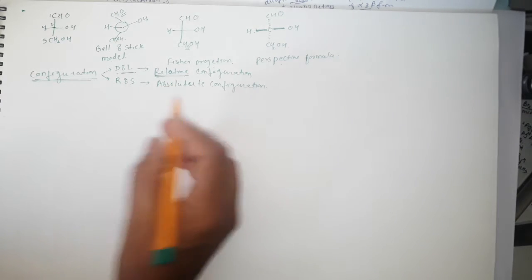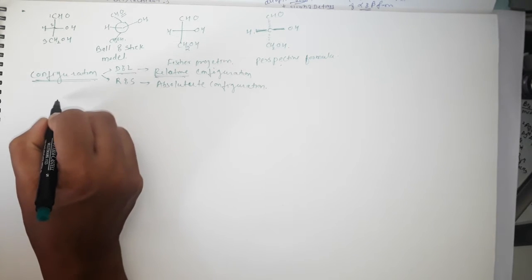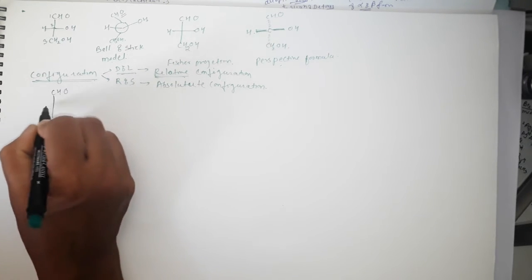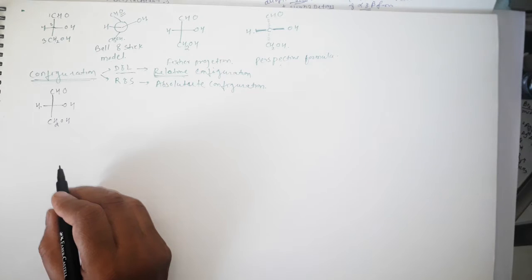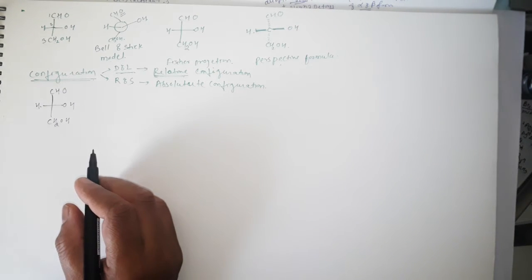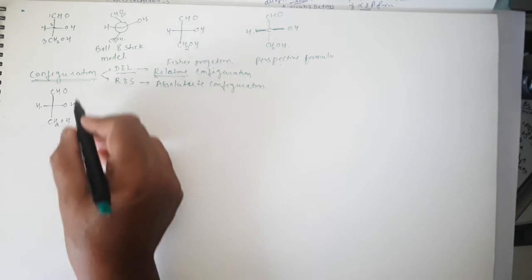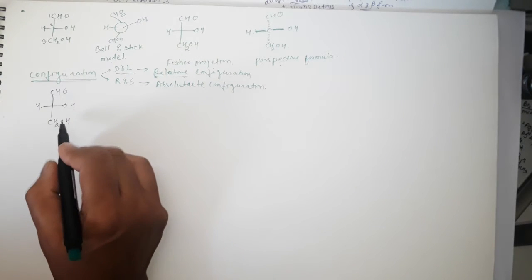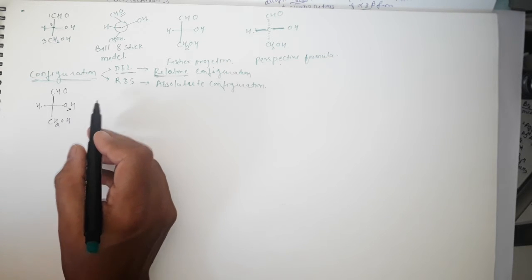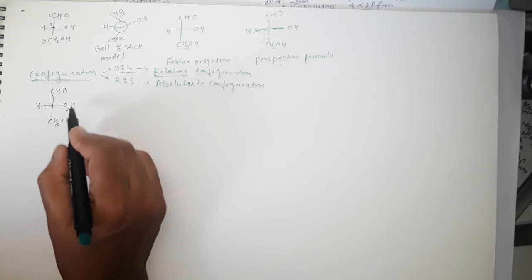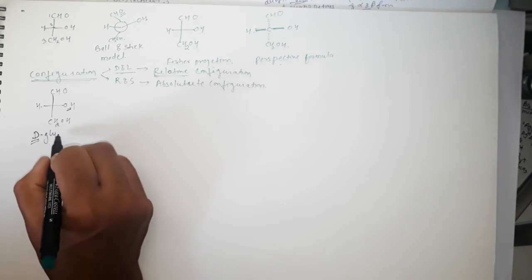So, for example, we can take glyceraldehyde: CHO, OH, CH2OH. Now, in this Fisher formula of a carbohydrate, when the OH group is on the right hand side, near to the CH2OH group, then it is called D-glyceraldehyde or D configuration.